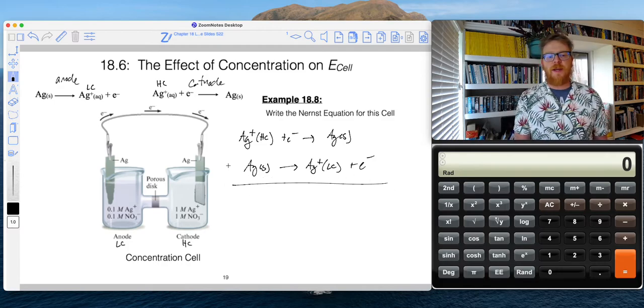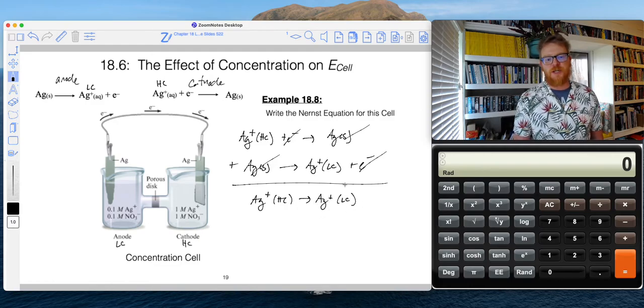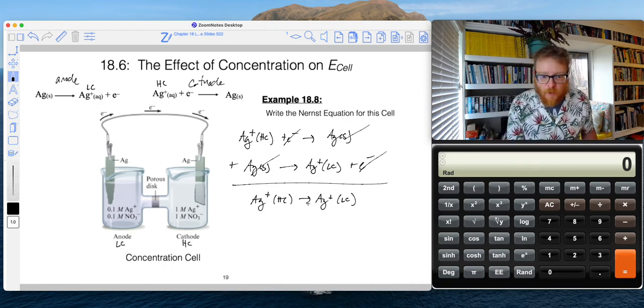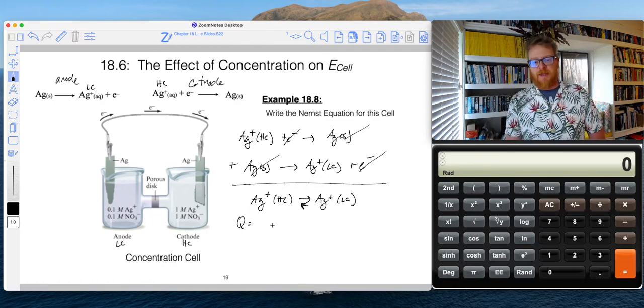And of course, when I recombine these, the electrons cancel and the silvers cancel, and it just looks like silver plus high concentration goes to silver plus low concentration. And what's important about that is, once again, this is an equilibrium situation. I can get a Q out of this, and that's going to be products over reactants. So I'll just write the low concentration side divided by the high concentration side, okay?